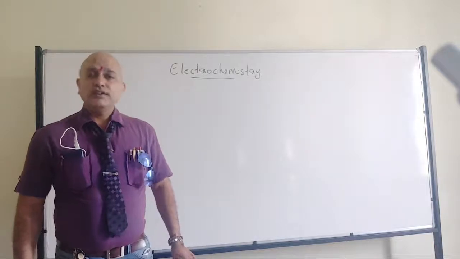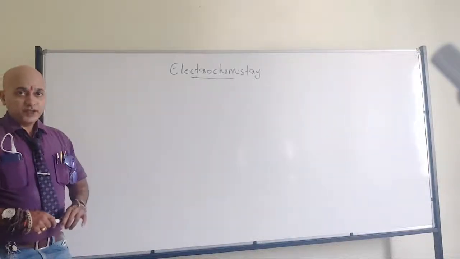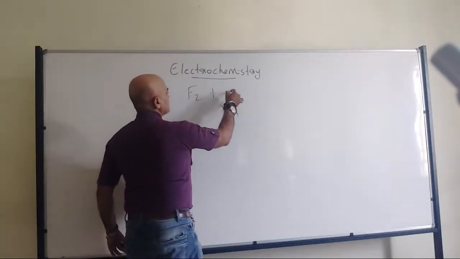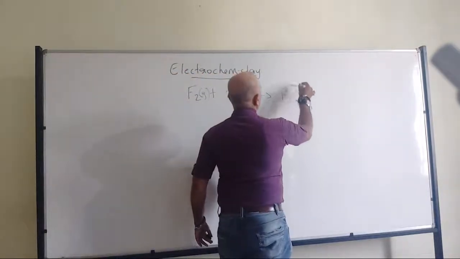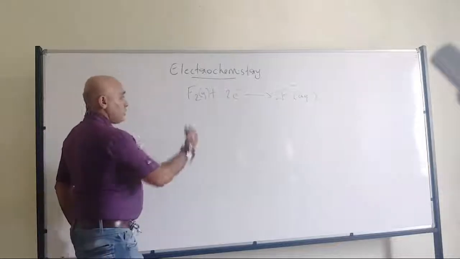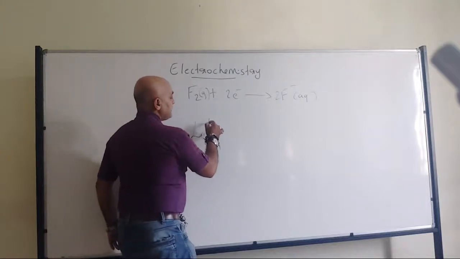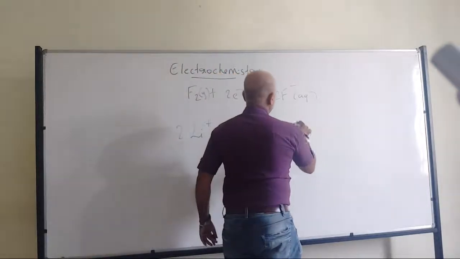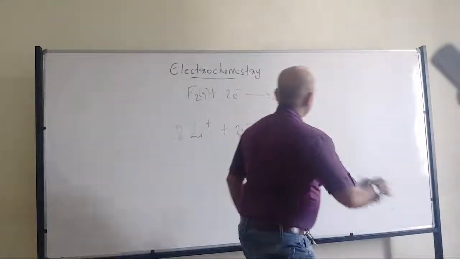No problem. Fine? If you see the electrochemical series, on the top we have a reaction in which fluorine, which is a gas, becomes fluoride. In the same way, at the bottom of the electrochemical series, we have lithium plus 1, which is going to accept an electron and become lithium.